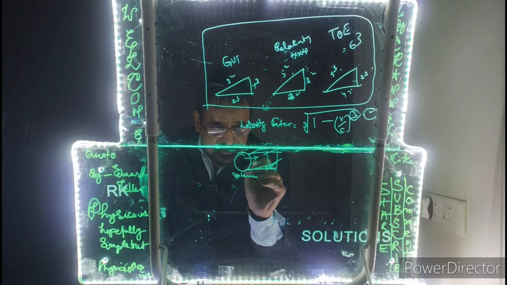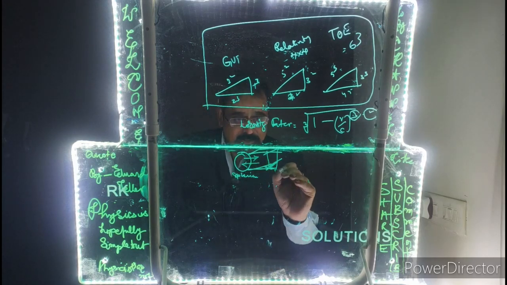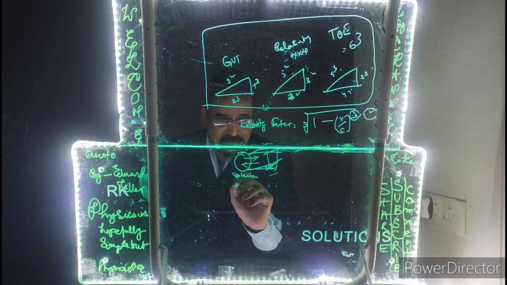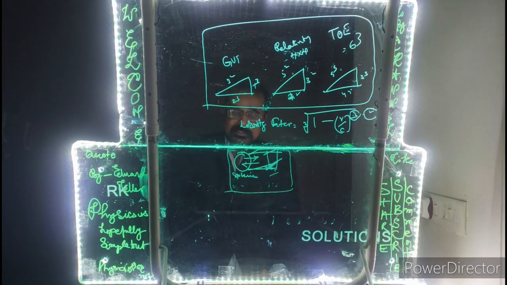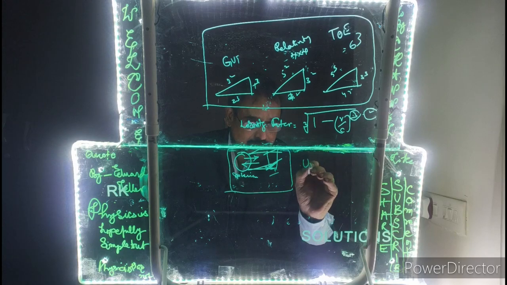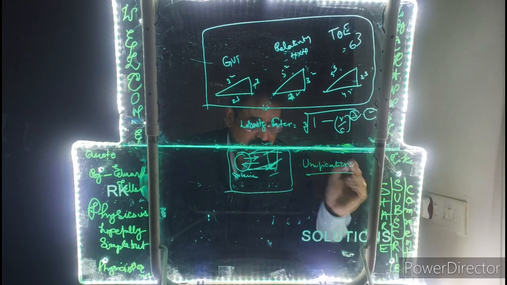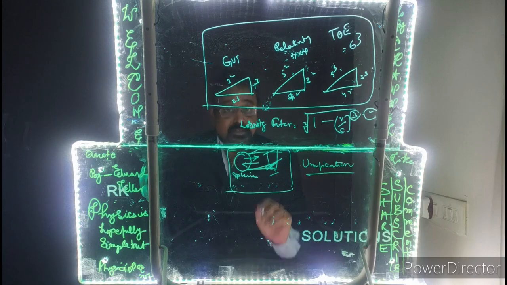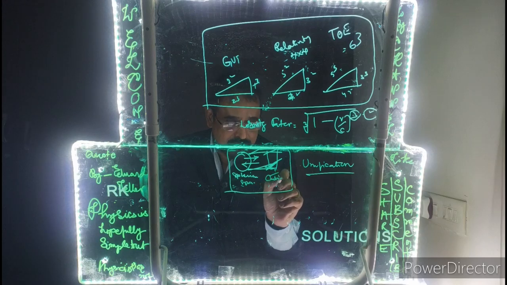This interchange between spherical and cubical spaces is what, if you can achieve, put them together, you can achieve unification. Any successful unification process should include both spherical space and cubical space.